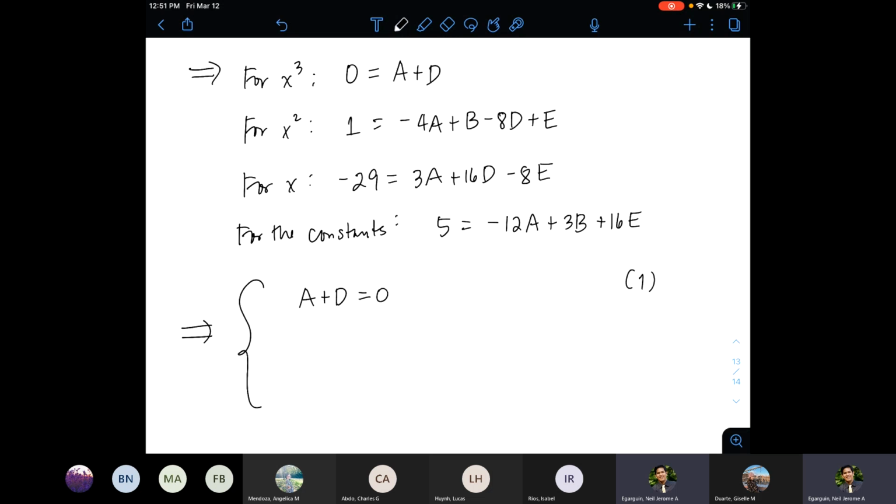And then for x squared, we'll have what? Negative 4a. I know that b is negative 5. Minus 8d plus e equals 1. Maybe I can transfer the minus 5 into the right side, so it will be a plus 5, so this guy will be 6. Okay.